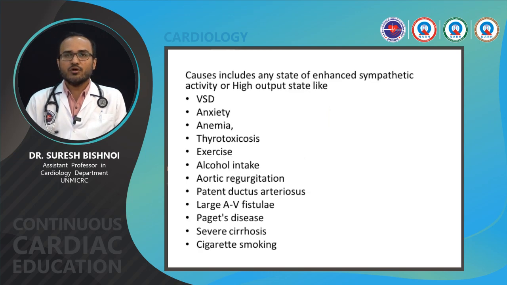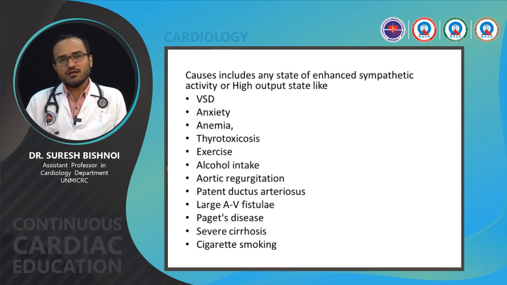Some of the clinically common causes you should remember are high output states or enhanced sympathetic activity. Causes include anxiety, anemia, thyrotoxicosis, after exercise, ventricular septal defects, after alcohol intake, aortic regurgitation, patent ductus arteriosus or large AV fistulas, Paget's disease, severe cirrhosis or cigarette smoking.